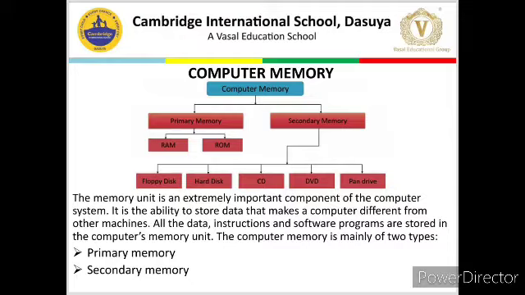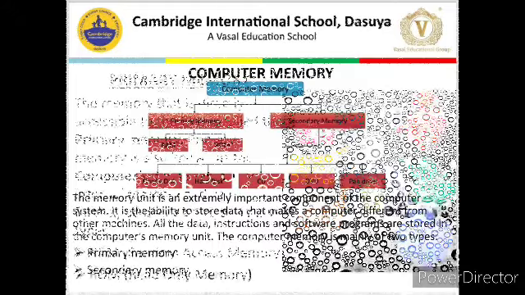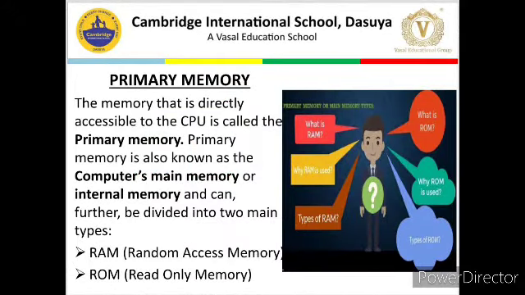All the data, instructions and software programs are stored in the computer's memory unit. The computer memory is mainly of two types, the primary and the secondary memory. Let us discuss both of them. Primary memory is similar to the human brain.